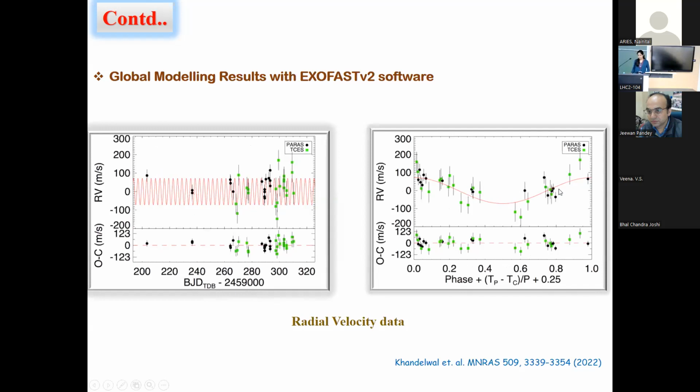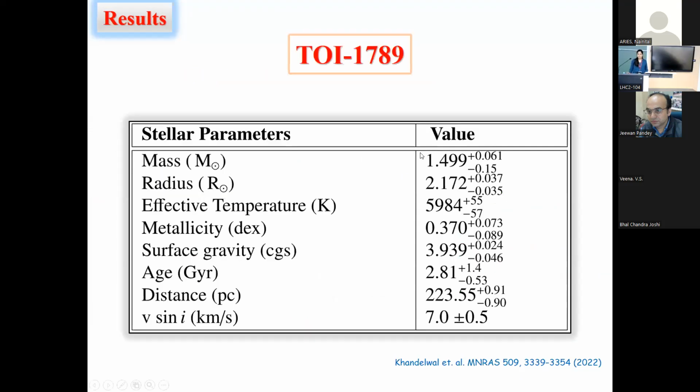So by this global modeling, we are getting the stellar parameters like this. Which shows that our star is a late F-type metal rich star with a metallicity of 0.37.